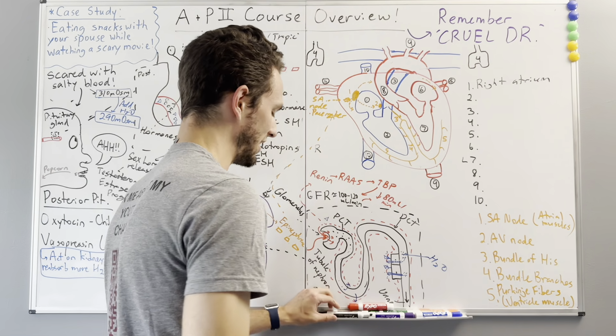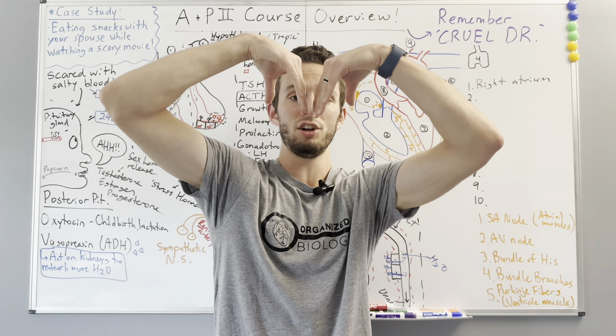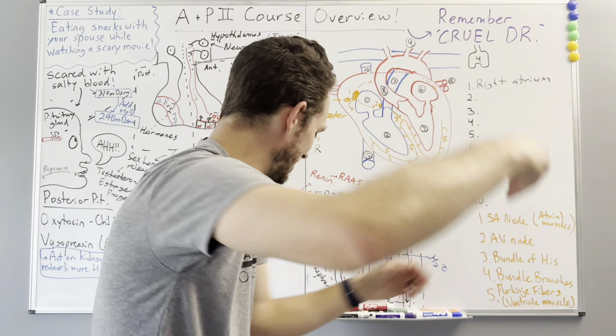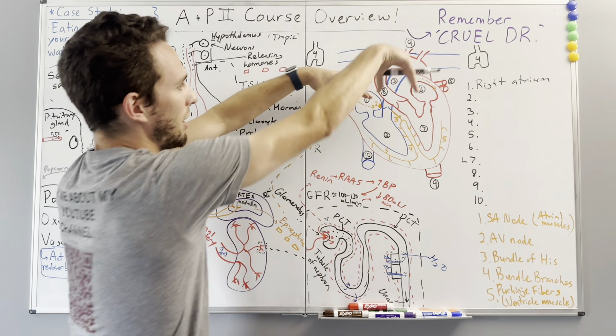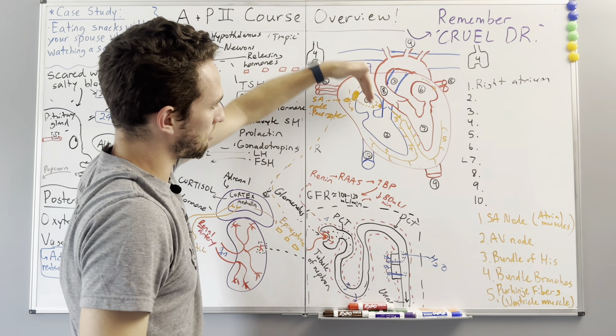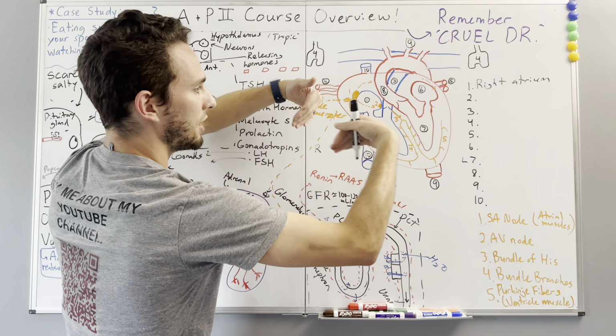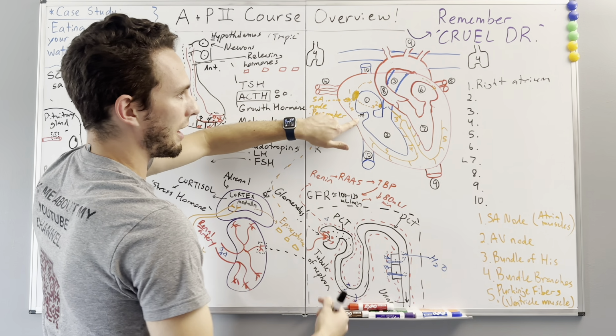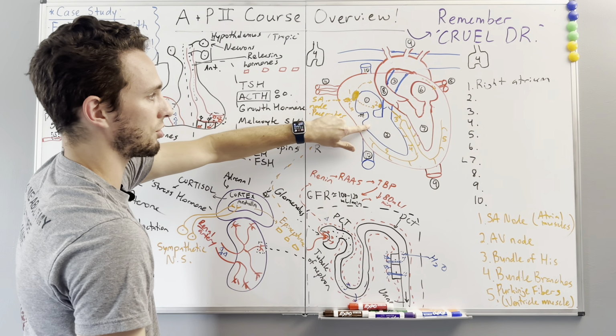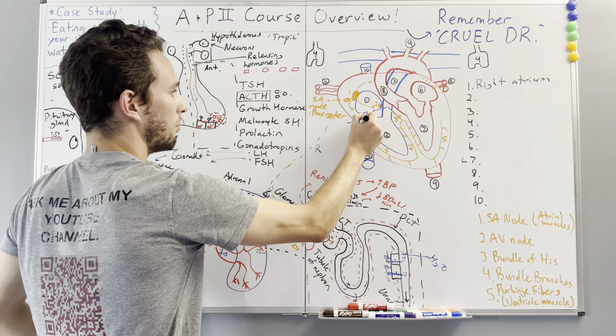Now, I always remember the atrium are on the top, and they look like the letter A, okay? So very easy to remember. From there, the right atrium will push some blood through it, and you see there's a little valve right here that can open and shut, open and shut. This valve in between the atrium and the ventricle is going to be called multiple things.